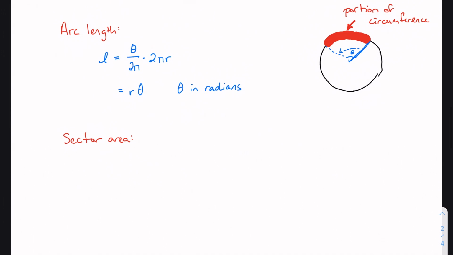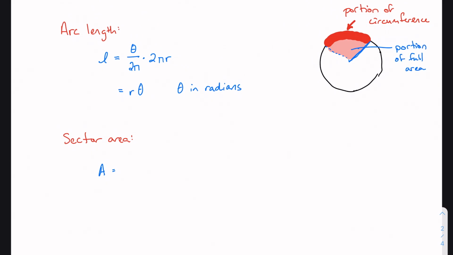We can think about the area of a sector in very much the same way. If I have another sector, we can just use the one I just came up with here. If I want to use this sector, well, this is clearly a piece of the whole pie. It's some part or portion of the full area.